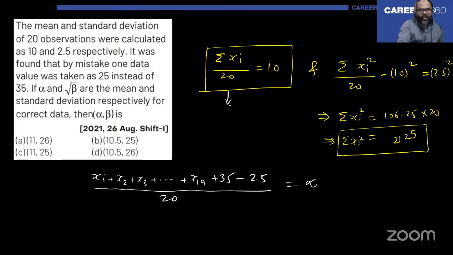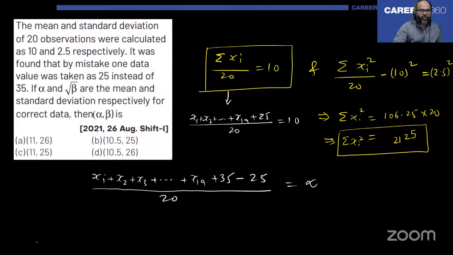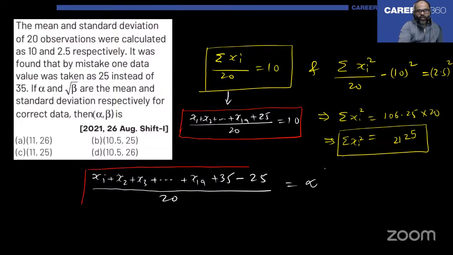Now from here, x1 plus x2 till x19 plus the 20th observation, which was the wrong observation taken as 25, divided by 20 is equal to 10. Using these two conditions, let us find alpha.